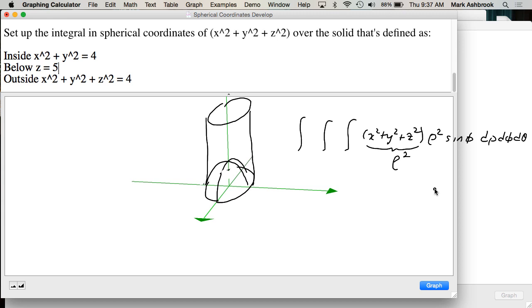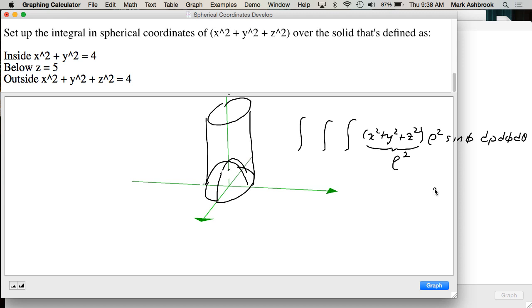We good on that? Okay, so now we're going to do rho first. For rho, the archer, our arrow man, is at the origin, shooting from the origin out into the solid. So we ask, how far from the origin, rho, does it first pierce the solid, and how far from the origin does it leave the solid?